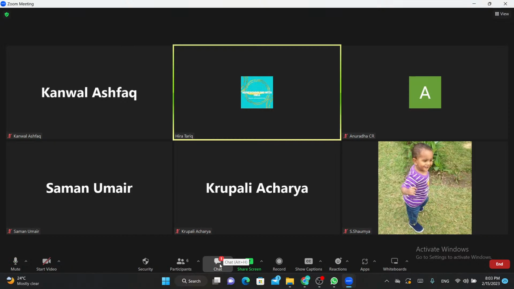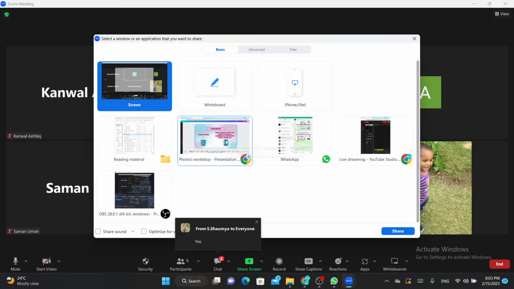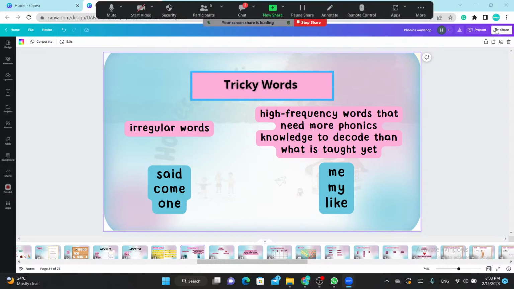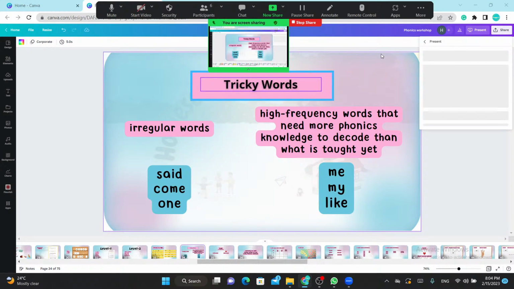Let's get it started. Today is our third class of the phonics course. Okay, the phonics workshop for teachers and parents. And our today's main topic is tricky words. So here you go. Just give me a moment.